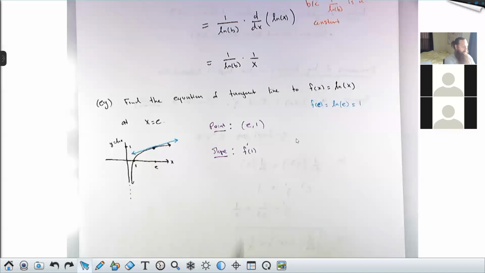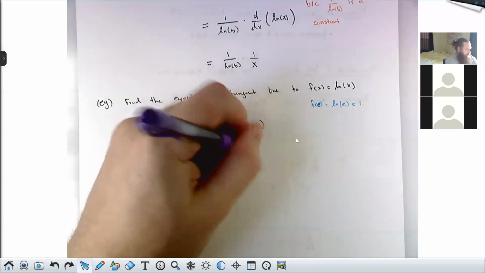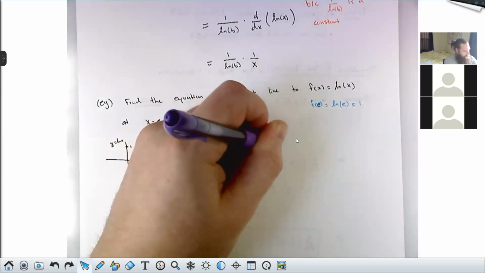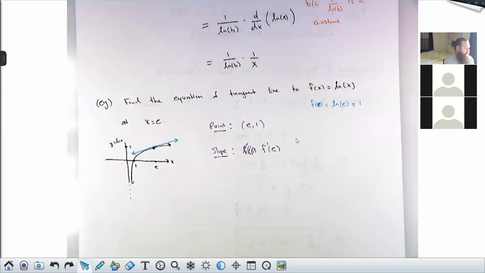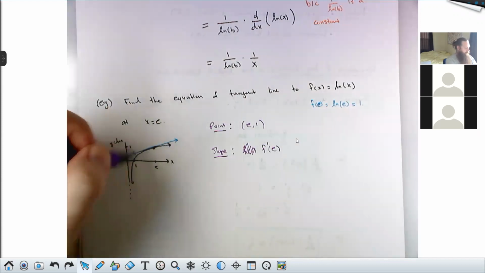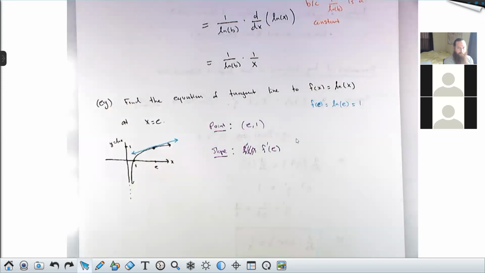All right, the slope is going to be f prime of, I'm so sorry. I keep saying the word 1 over and over again. The slope is f prime of e, right? It's the derivative of the black function at this x value. So let's find that.